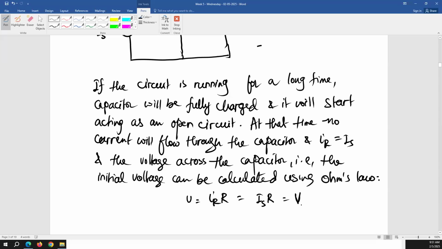We call this, let's say, V naught, the voltage at time t is equal to 0. Now this voltage across the capacitor, as I mentioned, is going to be the same at negative and positive instant of time, just before the change is happening and just after the change happens. So the voltage V naught will be across the capacitor.